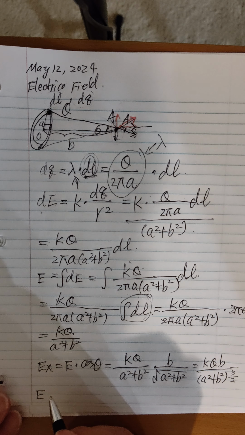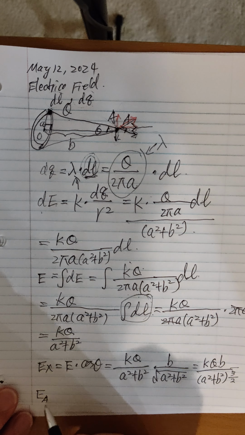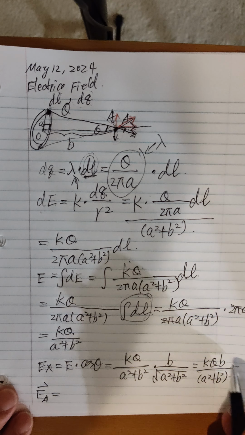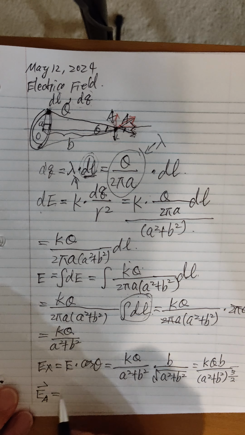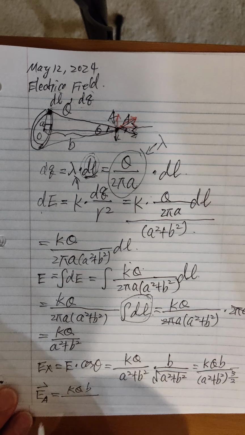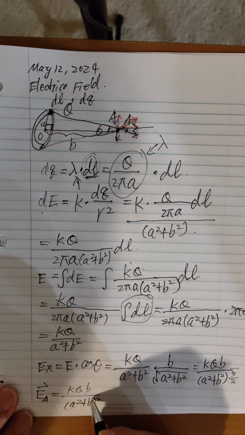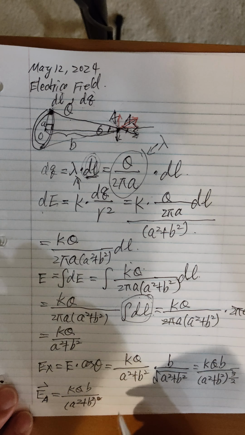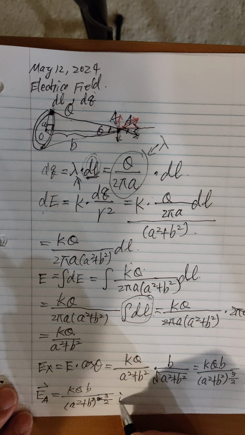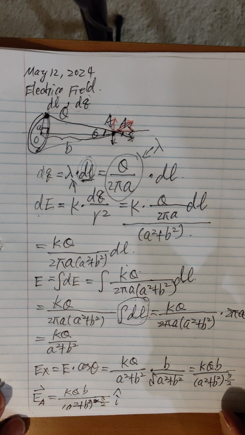So we write down our final result, E at the point of interest. Since this is a vector, and we know the components, the magnitude is kqb over (a squared plus b squared) to the power of 3 over 2, in the i direction. So that's our final result.